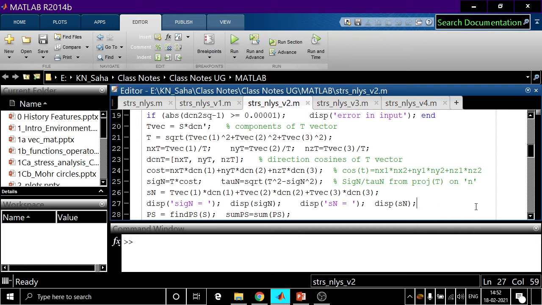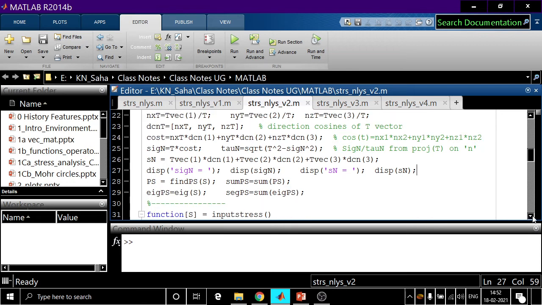Let us see some more components that are there. Here we have calculated the principal stresses as well. Right? So this PS stands for principal stress.